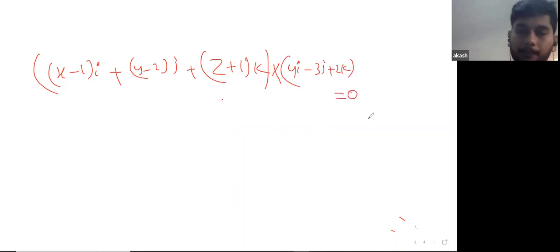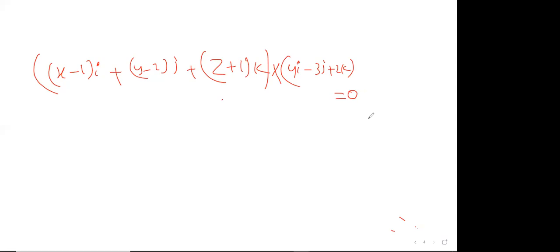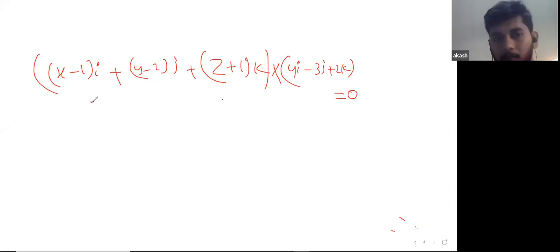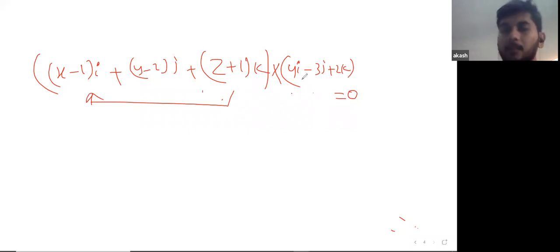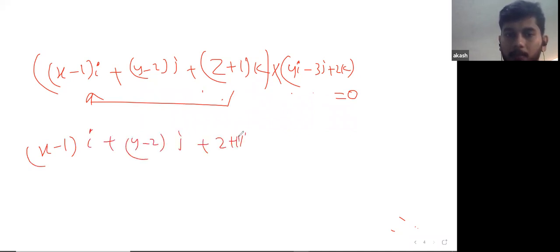Can we say this? Yes, sir. Now see, the cross product of two vectors is 0. That means they are parallel vectors, collinear vectors. So can I write it like this: x minus 1 i plus y minus 2 j plus z plus 1 k equals some lambda times 4i minus 3j plus 2k? Can I write like this?